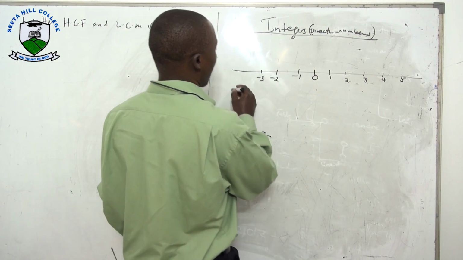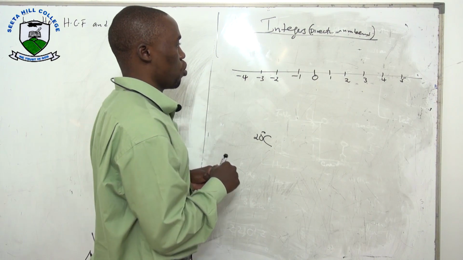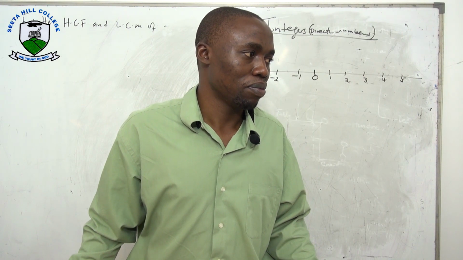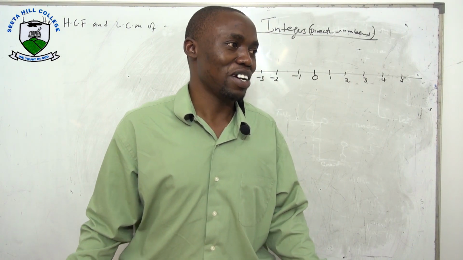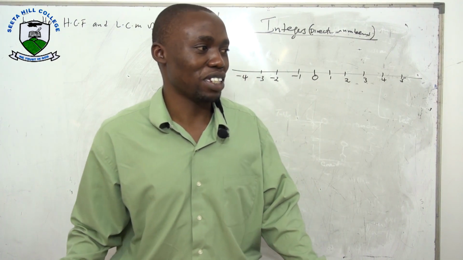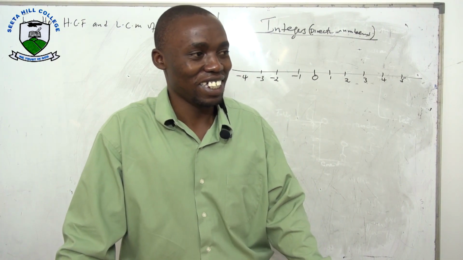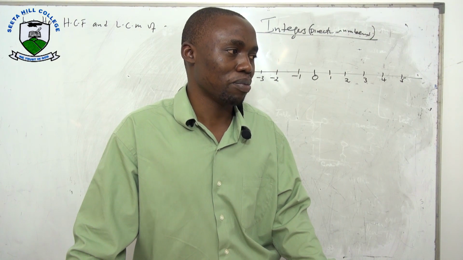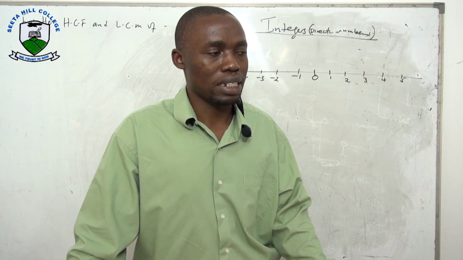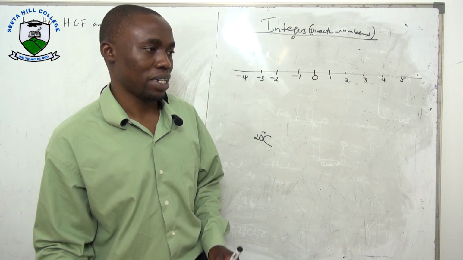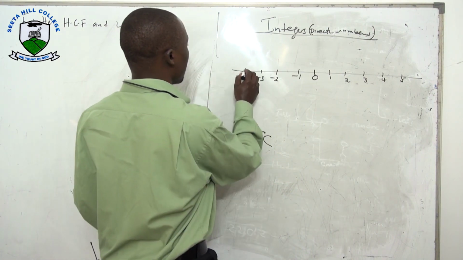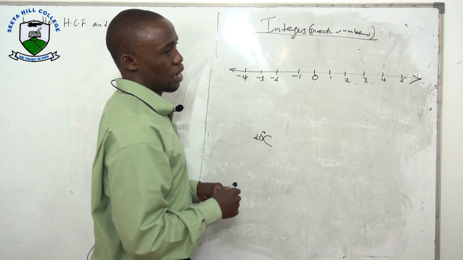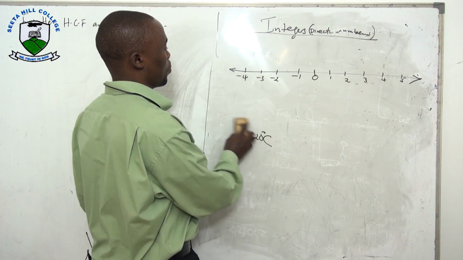That means we have both negative and positive numbers. Therefore, integers are defined as what? Now here we just have a reference point, which is 0. That means integers are both negative and positive numbers, period. Do they end? Can you exhaust them? No, they are uncountable.